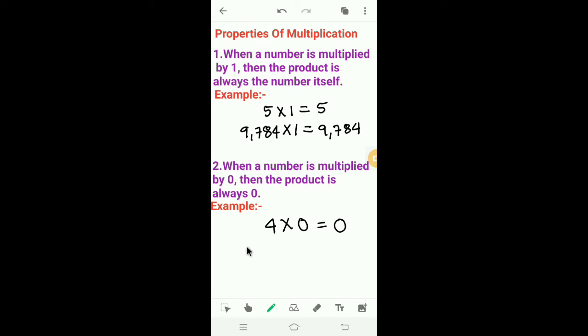For example, 98,999 multiplied by 0, then the product is 0. When a number is multiplied by 0, then the product is always 0.